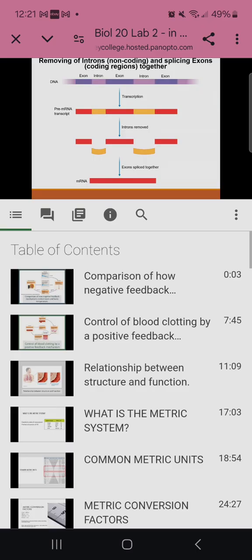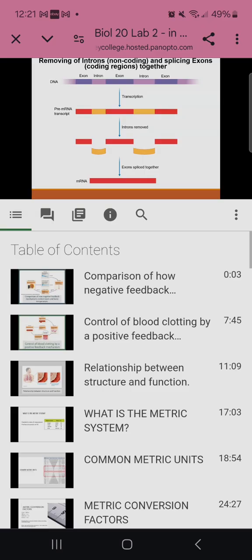So basically, with the pre-messenger RNA transcript, before we get our final messenger RNA, which is going to be only exons, here they change the color. The introns are the yellow ones, and the red ones are the exons.